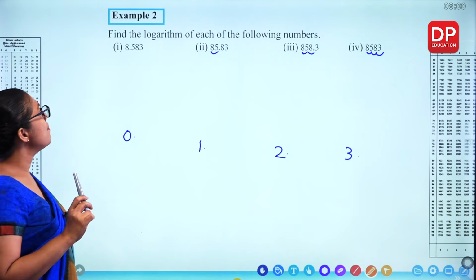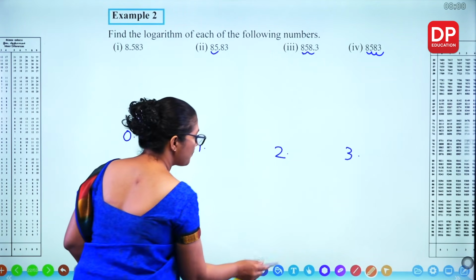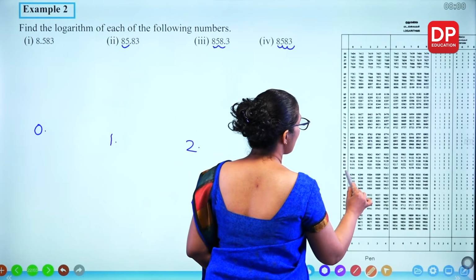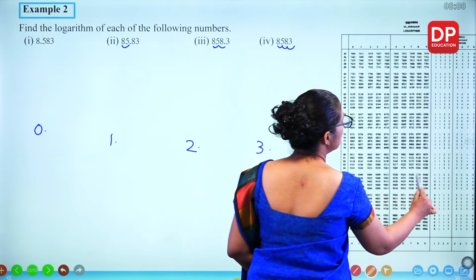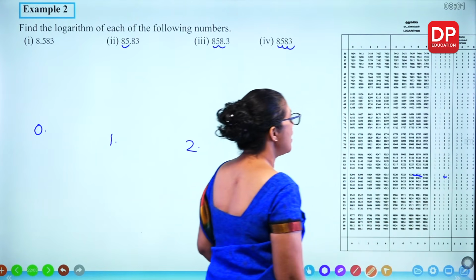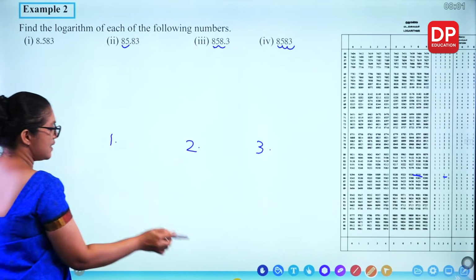Now we'll look at the mantissa value. 85, 83. 85, 8, 3. 3 is 2. Adding 2, 9337.